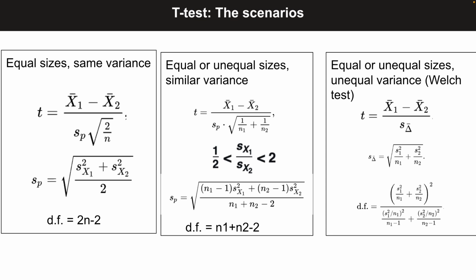The SP. So you're talking about this SP first? Yeah. So it's basically you're pooling the variances of the two, right? Let me just clarify this. What is the assumption of equal size and same variance? If x1 and x2 follow the same variance, and they are independent, what does this equal to?